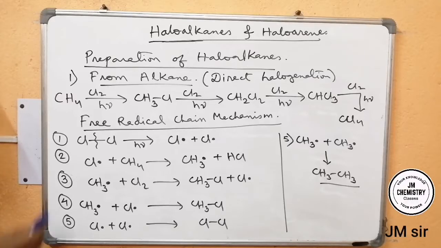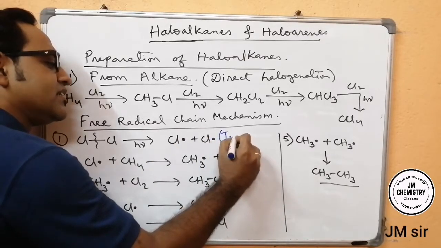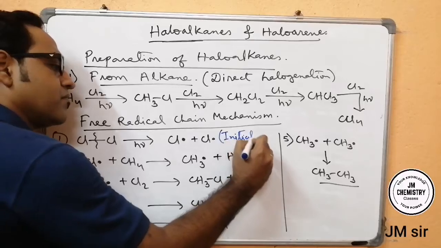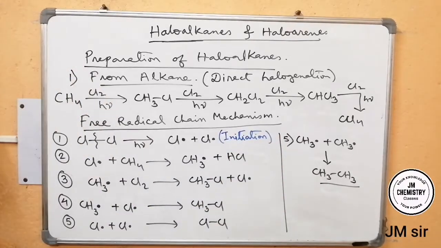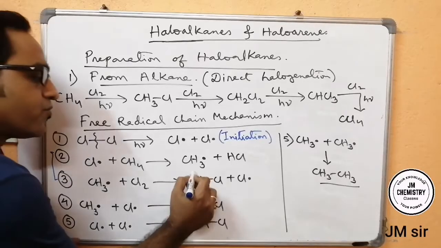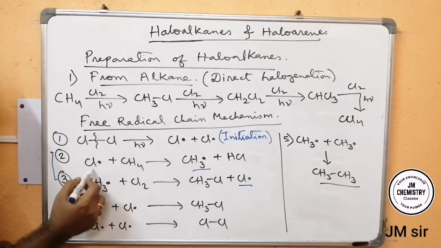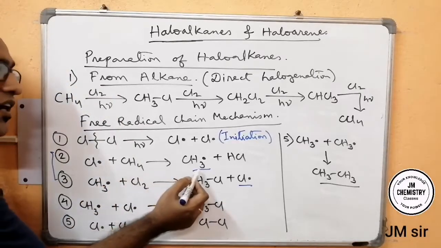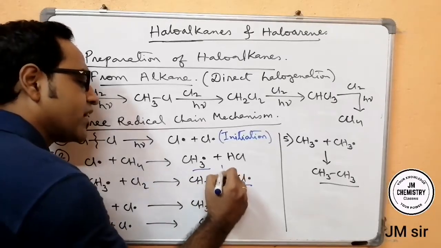Now here you can see in the first step the free radical is generated. So this step is called chain initiation. In the second and the third step, free radical is not consumed completely. One radical is consumed and one radical is formed in the product. So this step is called propagation step.